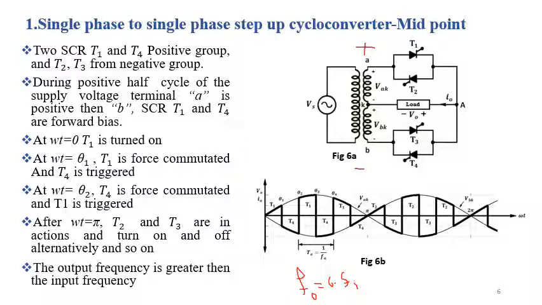Here for the positive half cycle of the input supply, we have polarity like this, positive and negative. The point A is more positive with respect to point K and B, and K is more positive with respect to B only.